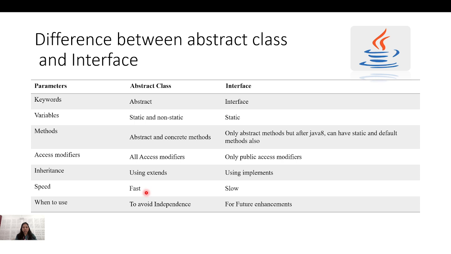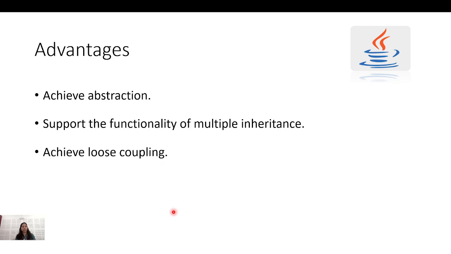Abstract classes are faster compared to interfaces, or you can say interfaces are slower comparatively. I use the abstract class when I want to avoid independence, but if I consider future enhancements, then I will go for the interface. I hope you have got the differences between the abstract class and the interface.